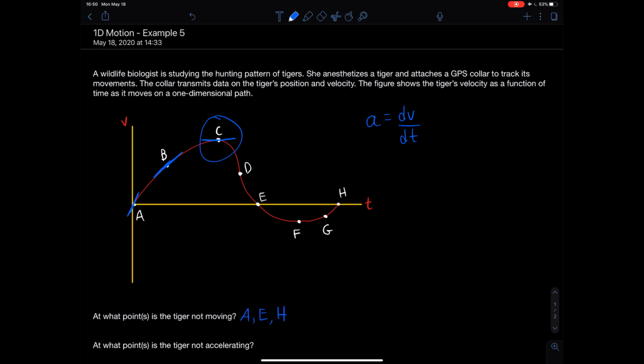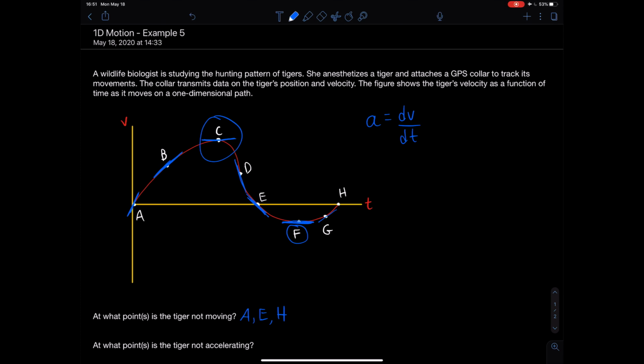Now point D, tangent line is about like this. That's a steep negative slope, so that's definitely not 0. At point E, looks something like this. That's also negative and non-zero. But at F, we have another horizontal tangent. So at point F, we're also going to get a 0 acceleration.